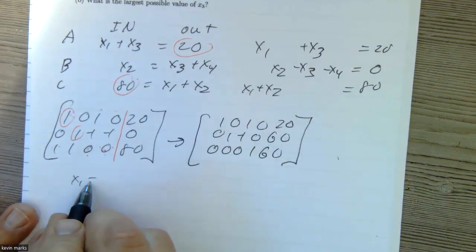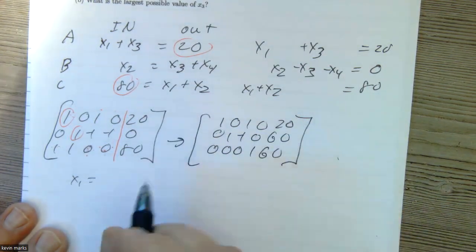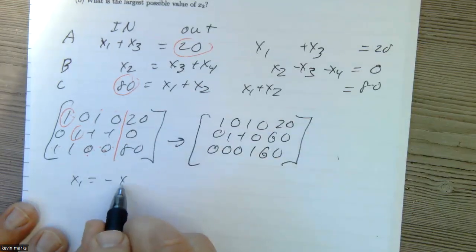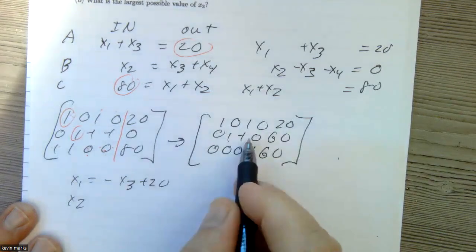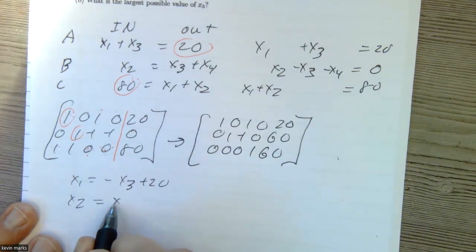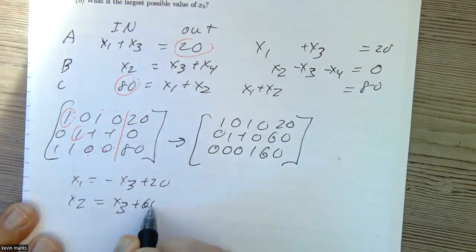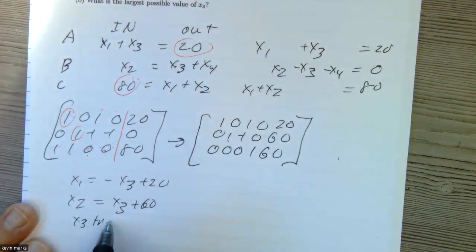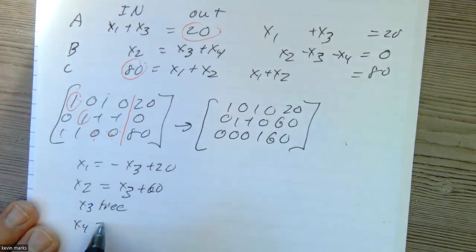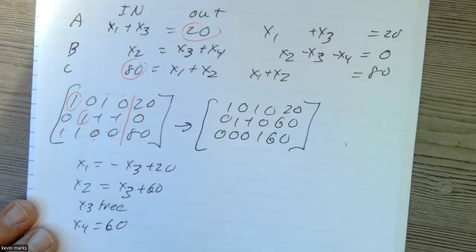So remember, what this is saying is x1 would really be minus x3 plus 20. And then x2 would be x3 plus 60. X3 is your free variable. And then x4 just happens to be 60, right? It doesn't have a free variable attached, or it doesn't have an x3 attached to it.